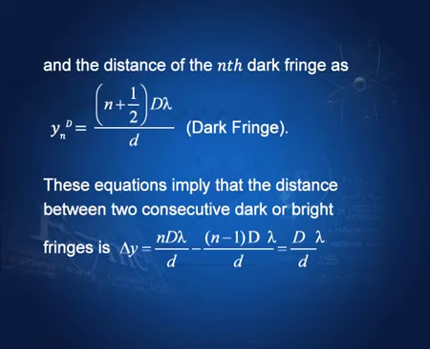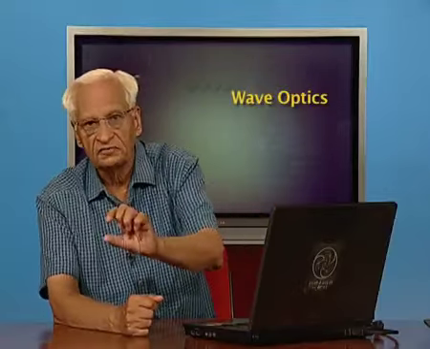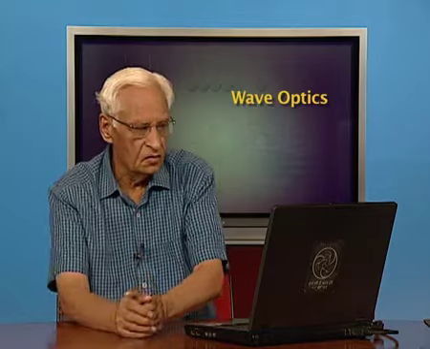Similarly, the distance of the nth dark fringe from the center of the screen, which I denote by y n d, d for dark and n for the number of the fringe, is equal to (n plus half) into D lambda by d.